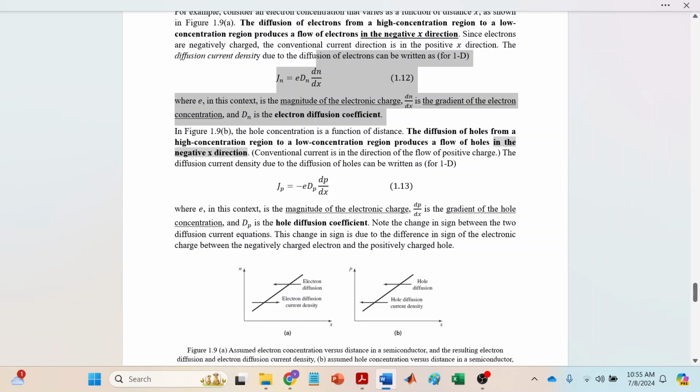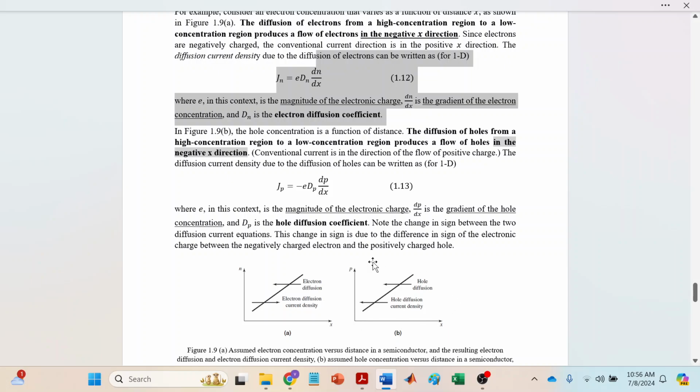In the case of the p-type semiconductor, the diffusion of holes from high concentration to low concentration produces a flow of holes in the negative x direction. As a result, the diffusion current density is also in the negative x direction. Remember, in the electron case, because of the negative charge, the diffusion current density is in the positive x direction.